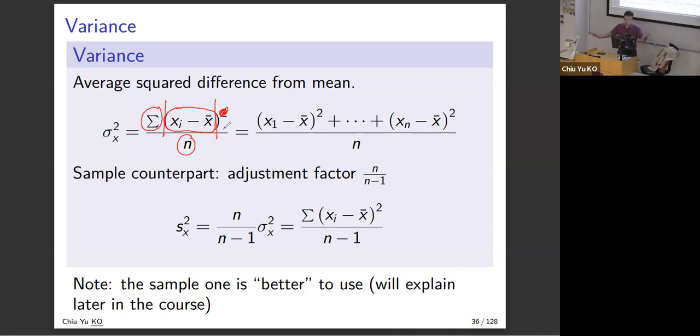And why would you do a square? There are two reasons. One is that although square looks more complicated, it's actually easier in the math. For those QFN students who do calculus all the time, you know square is easier to handle than absolute value, with differentiability.